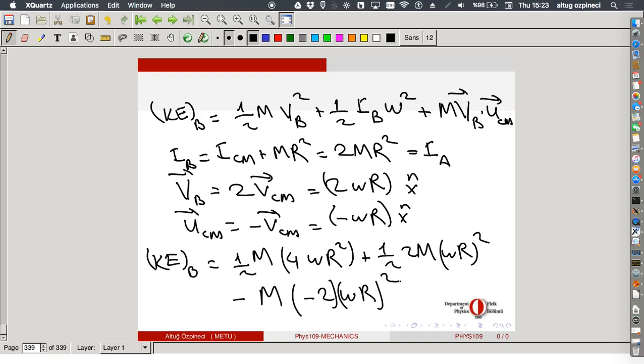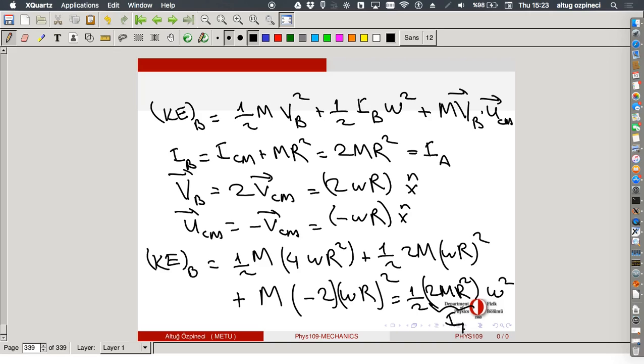So this should be plus. I have 2 plus 1, 3, minus 2, 1, m times omega squared r squared, or 1 over 2 times 2 m r squared times omega squared.